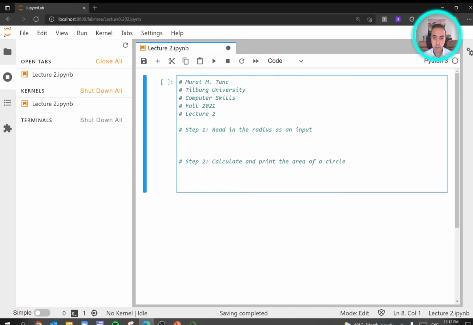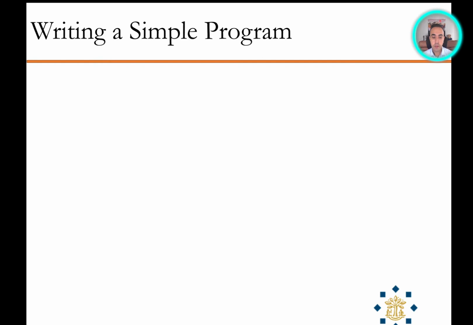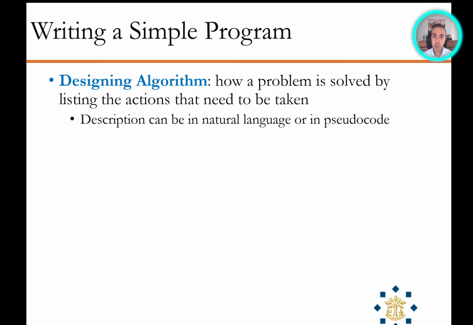Okay, so how are we going to approach this? We first need to know how to design an algorithm. An algorithm is required for even writing a simple program. We first think about what the steps, the list of actions to be taken, need to be, right?